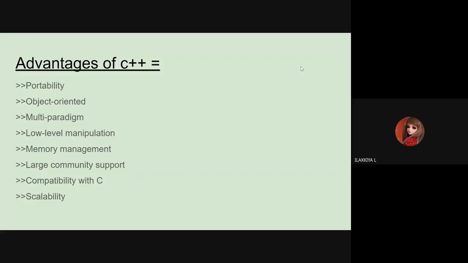The next one, object oriented. One of the biggest advantages of C++ is the feature of object-oriented programming, which includes concepts like classes, inheritance, polymorphism, data abstraction, data encapsulation that allow code reusability and make a program even more reliable to use.